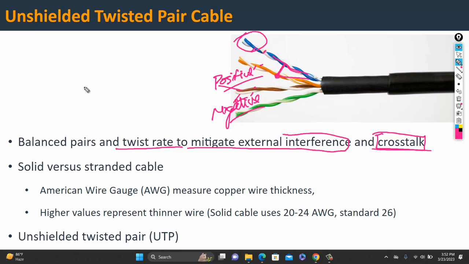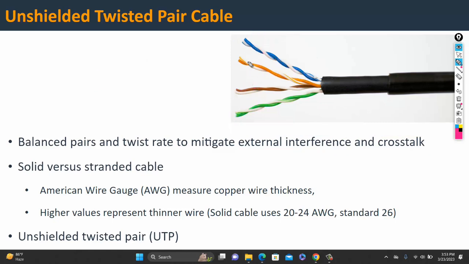As we have discussed, when the data is transferred in an electric format, it generates a magnetic field, generating the electromagnetic field which is actually affecting other data. So it will mitigate the external interference if any happens due to the negative wire here.